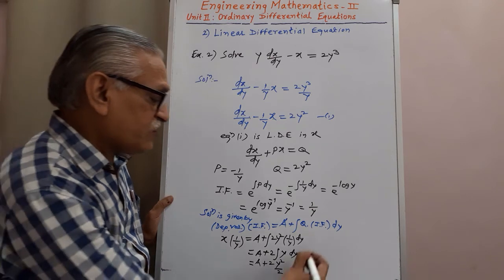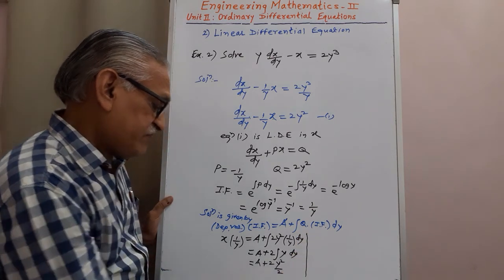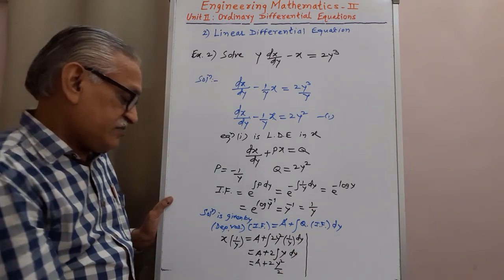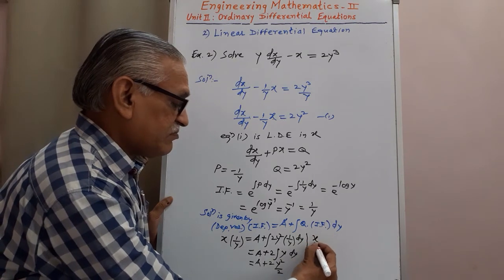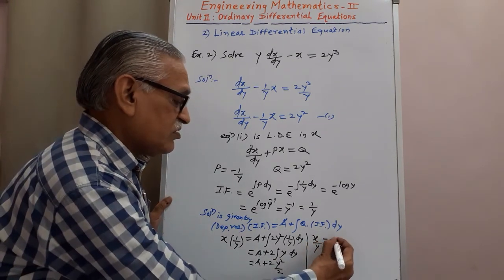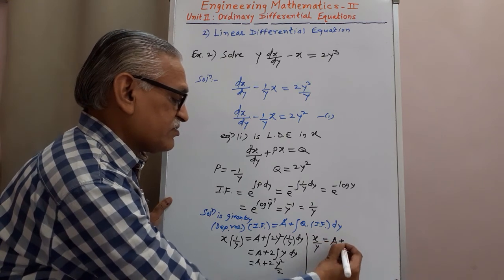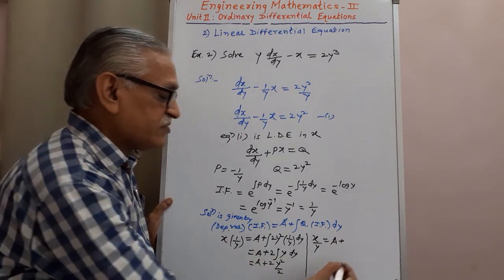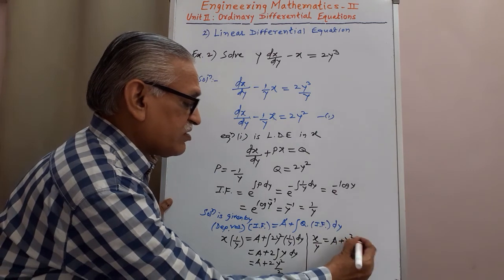Therefore, we get x by y is equal to constant c plus 2, the 2 gets cancelled, y square.